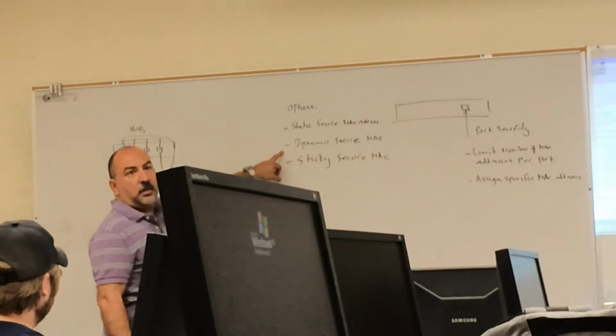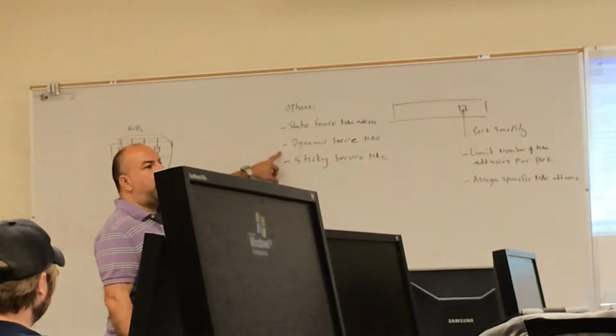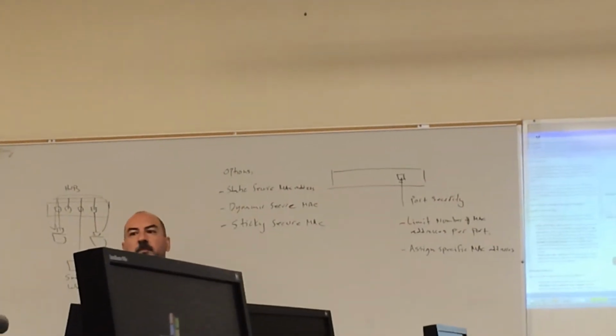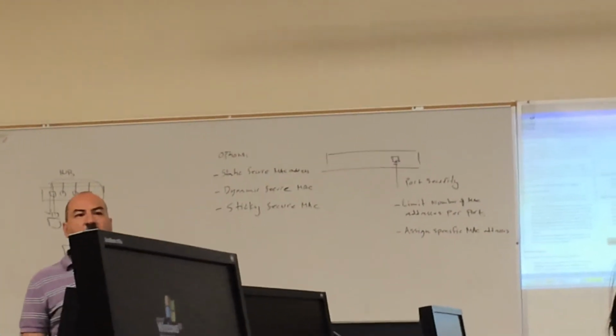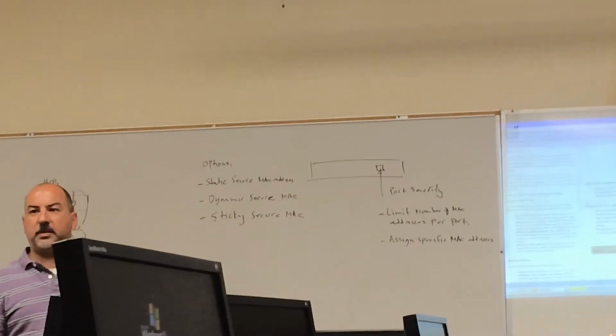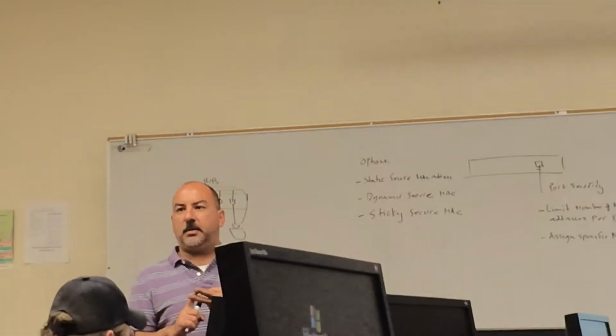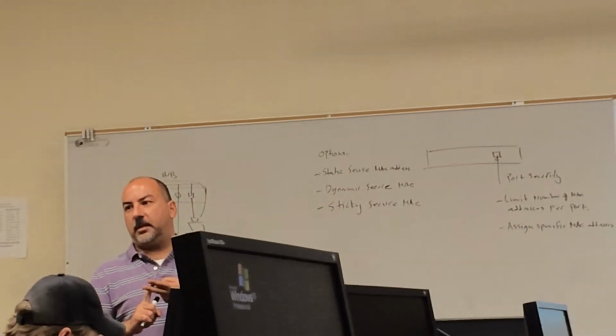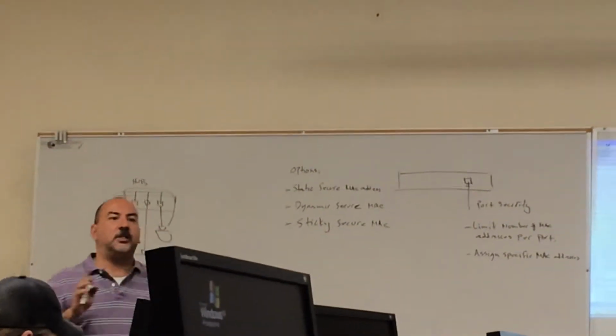Dynamic secure, you're going to say, okay, the first 2 people that come in, you let them in. The third person, no. Whichever MAC addresses you dynamically learn, the first and the second one, those are the only 2, and that's it. That's called dynamic, which means you didn't program it, but you let the switch learn the MAC address.